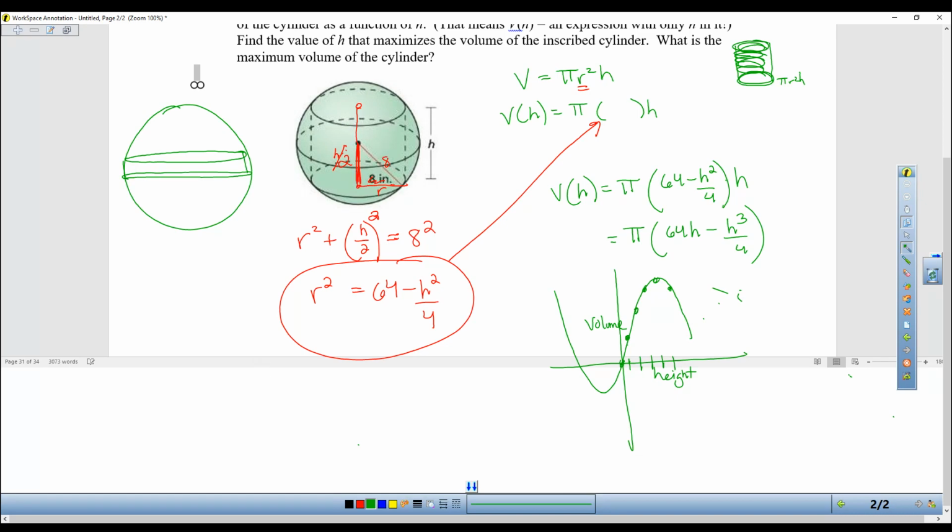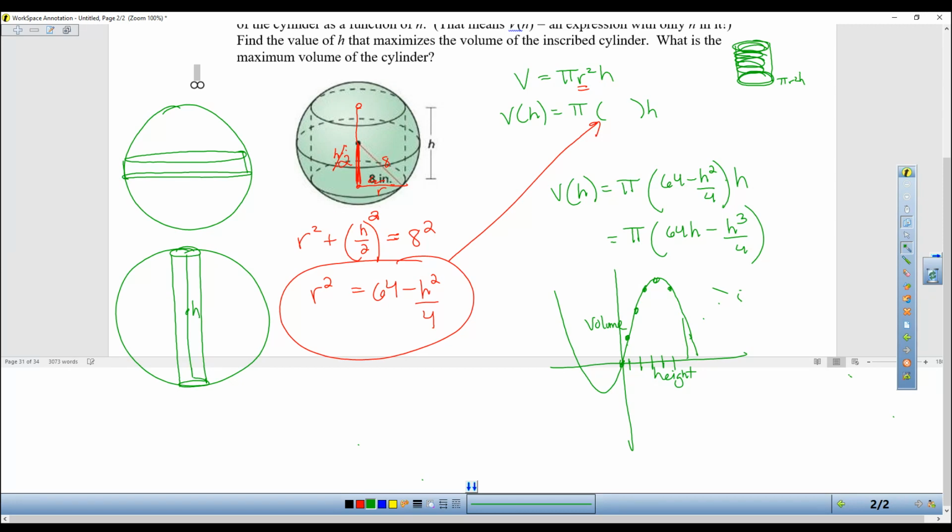Or you could put something really tall. You could keep making h bigger and bigger, but if you make h too big, again, you're not actually going to maximize your volume. So all these different heights do have different volumes, and this cubic function tells you what that is.